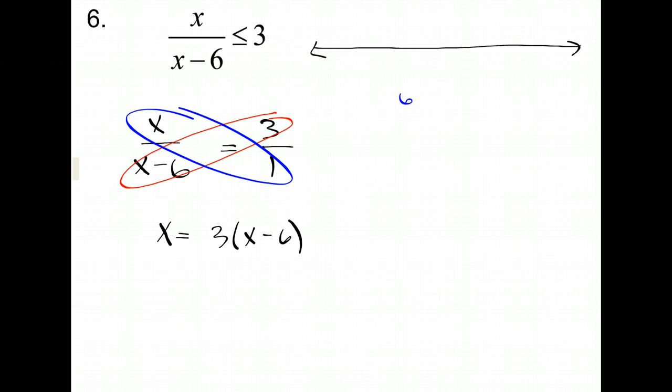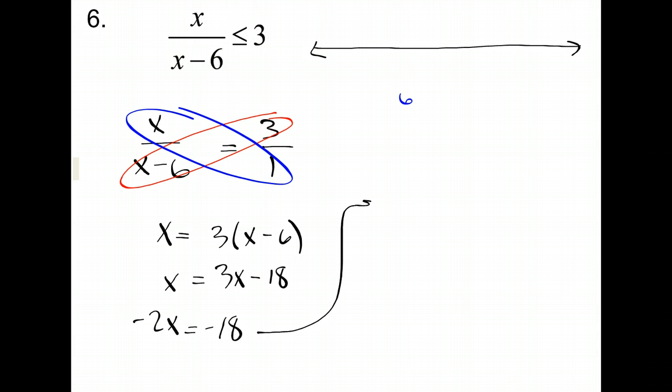And don't forget you have to distribute the 3. So that ends up 3x minus 18 equal to x. Move the x over, you get negative 2x equal to negative 18. So then x is equal to 9. And there's your other boundary for your number line.